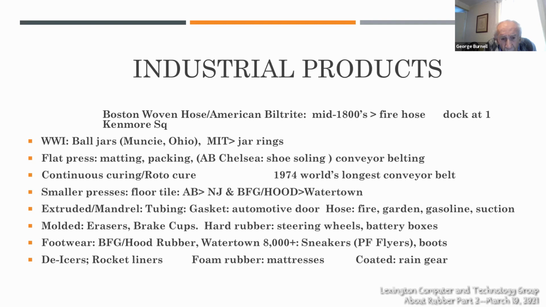They evolved out of MIT in the mid-1800s, manufacturing fire hose. They were the first ones to be able to make a rubber tube and insert it into the cotton cover that makes a fire hose, and that was the origin of that product.